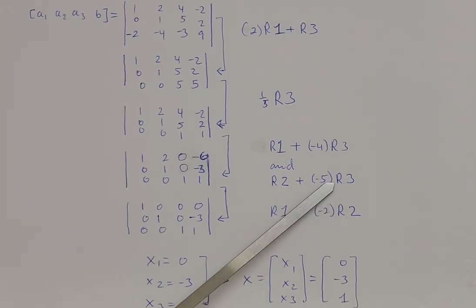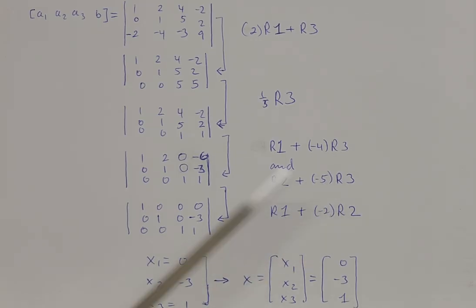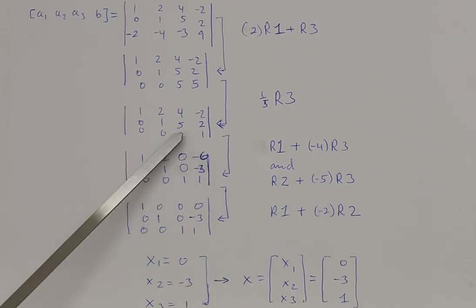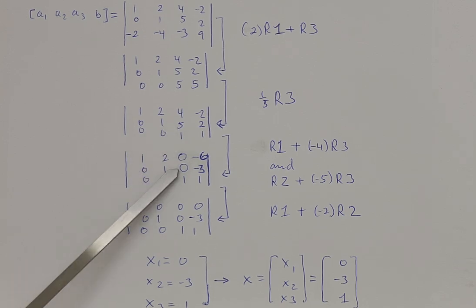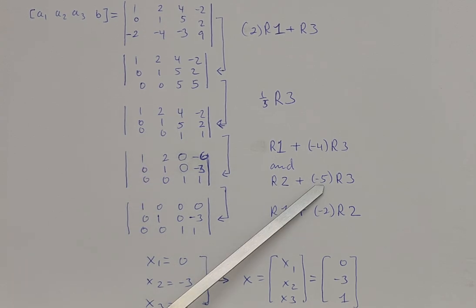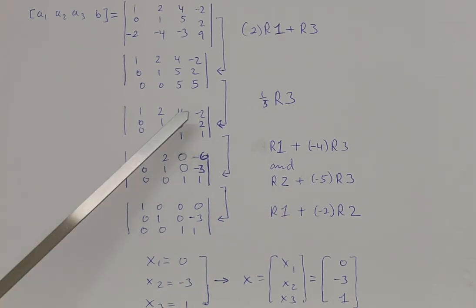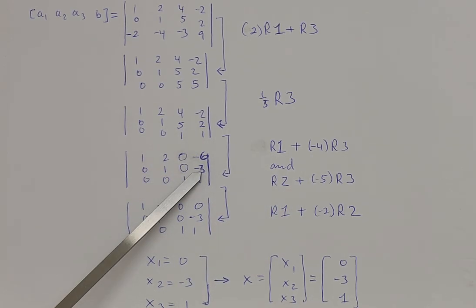So -5 times R3 plus R2. So -5 times 1 is -5, plus 5, 0. -5 times 1 is -5, plus 2, -3.